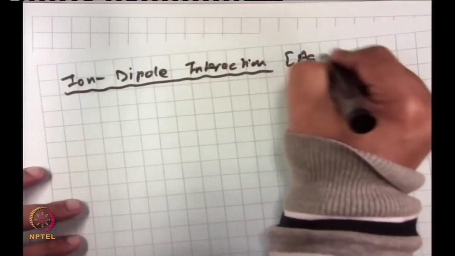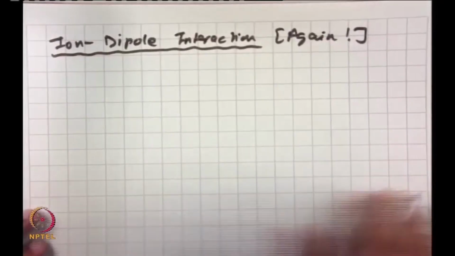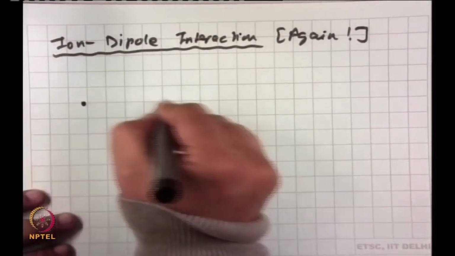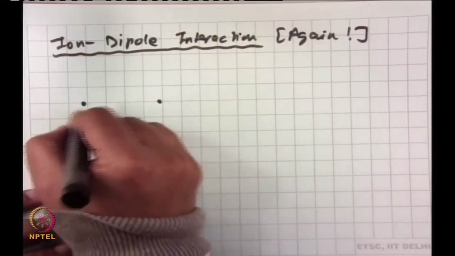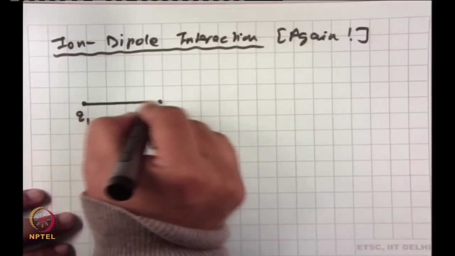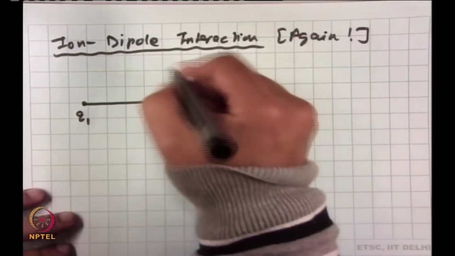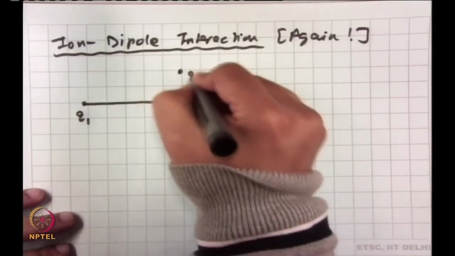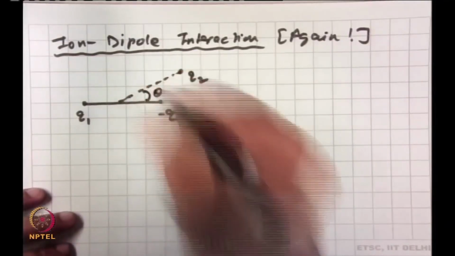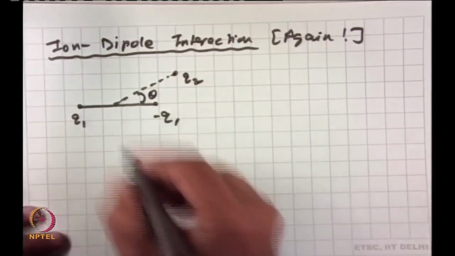We are looking at it again. Yeah, the reason is this. If you would remember, we had a dipole like this, say q1 and minus q1, where L was the length of the dipole, and we had a charge out here, say q2, making a certain angle theta. And for this one, what was V?